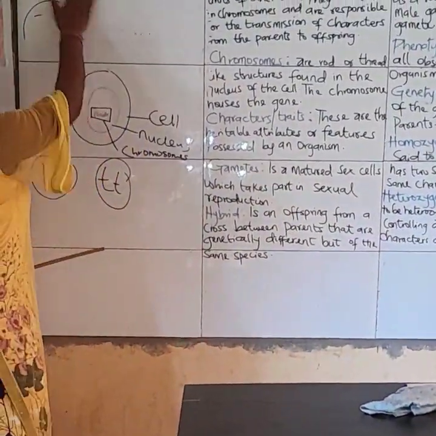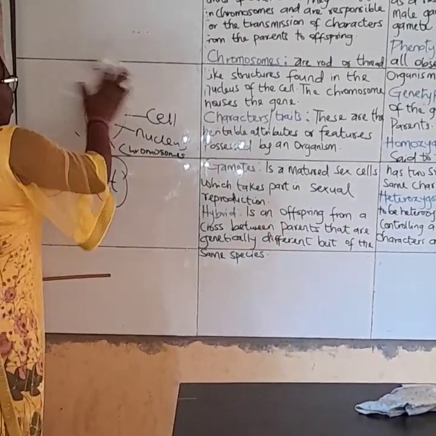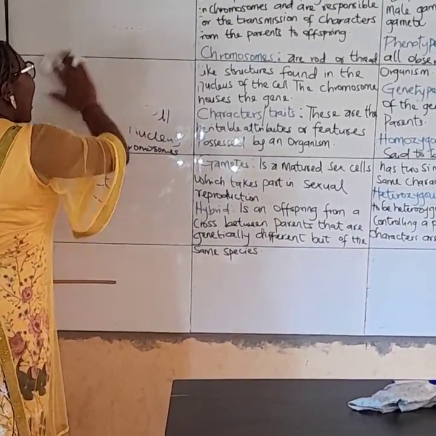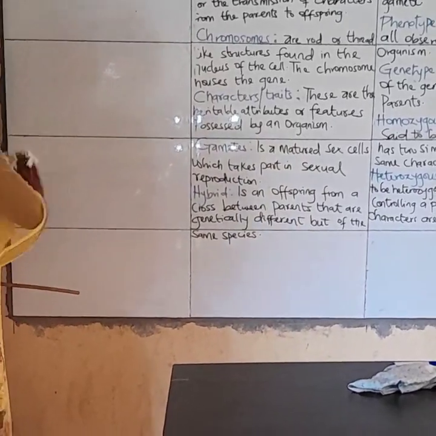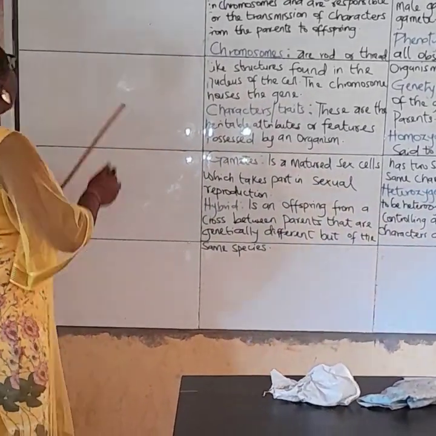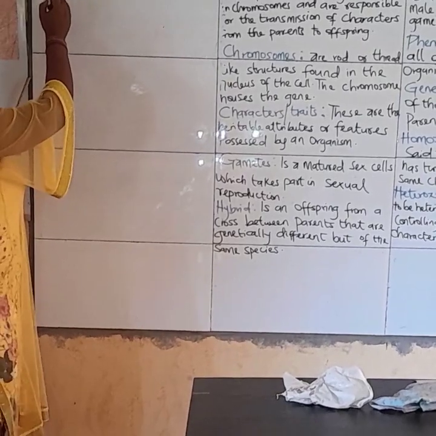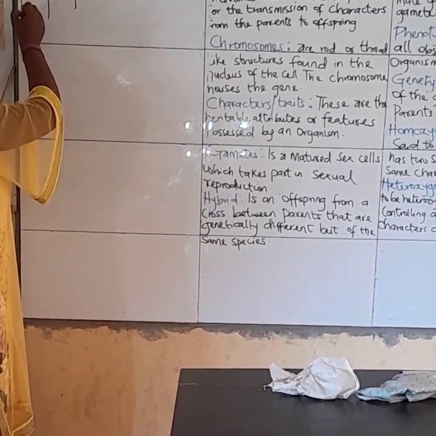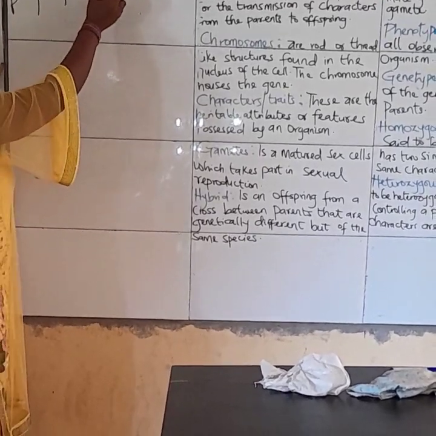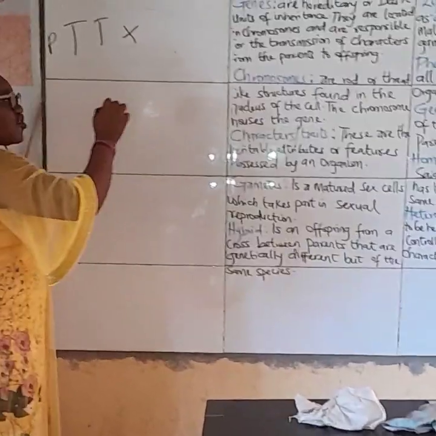So now we are going to do some crossing to enable me to explain phenotype and genotype. So we are going to do some crossing using homozygote and the heterozygote. Okay? This is a homozygote, the parent. We put the sign of multiplication.